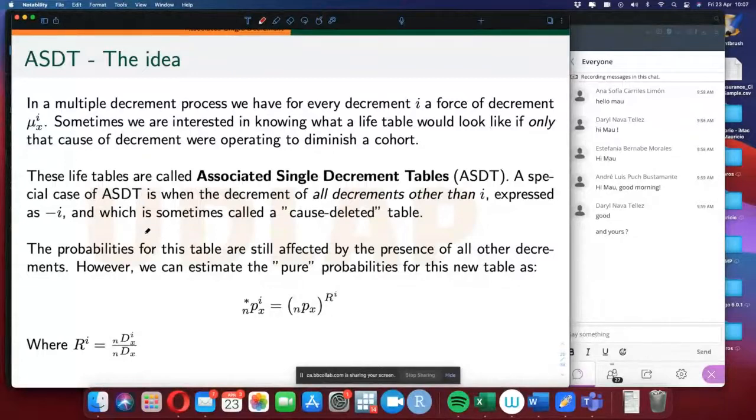Essentially, we can remove, let's think about cancer, and ask what the value of life expectancy would be if people were not dying of cancer in Mexico. So we can remove that cause. Or we could go to the associated single decrement table and ask what a life table would be assuming that only cancer is in our population, which is a complementary, well, not opposite, perspective.